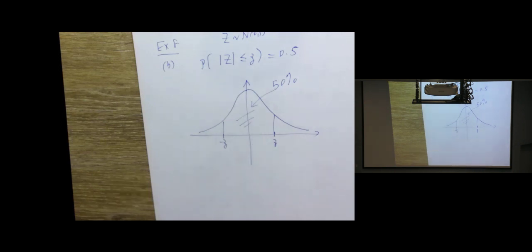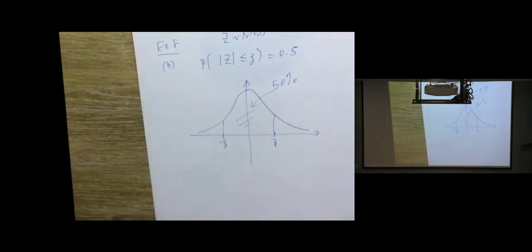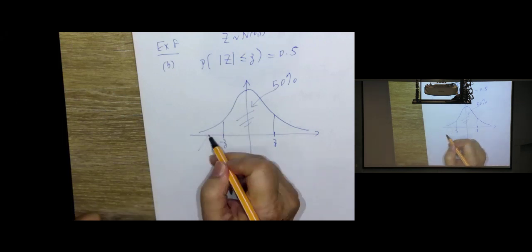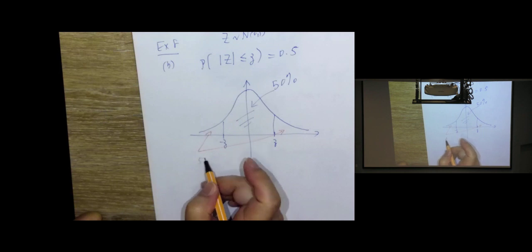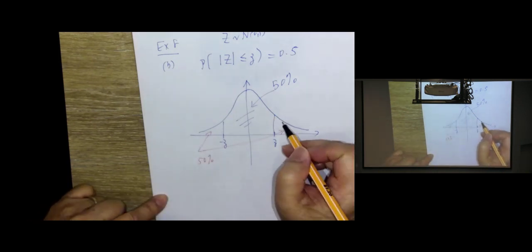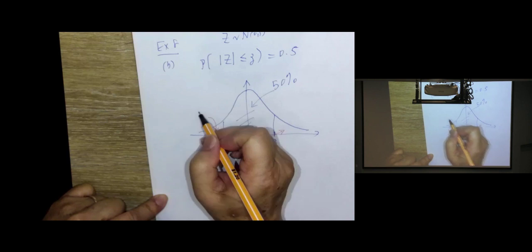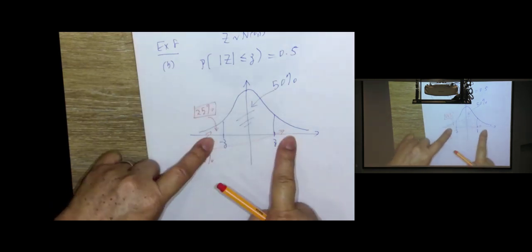We know the total area is 100%. So the lower tail as well as the upper tail together will give you 50%. By symmetry of the density function, each must be 25%, because it is an equal split.